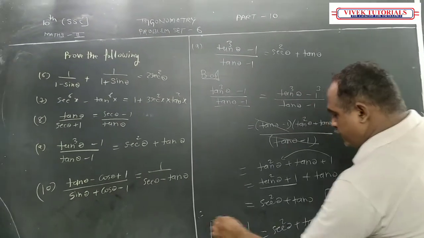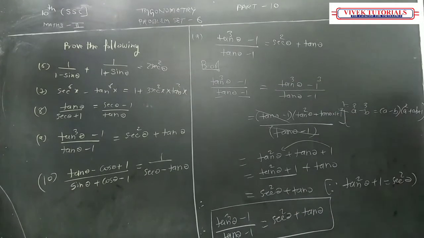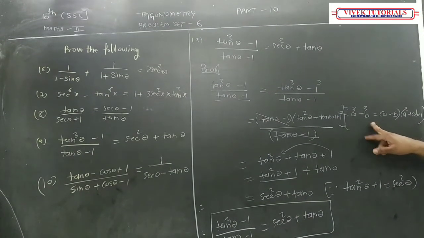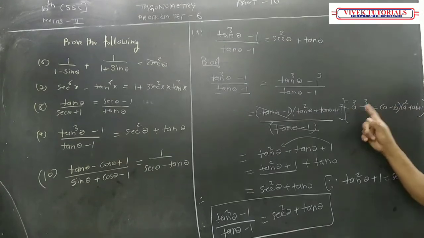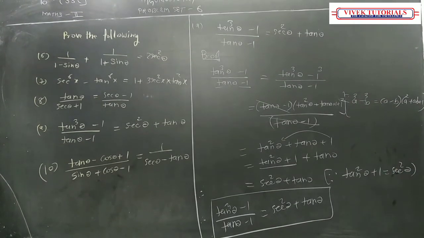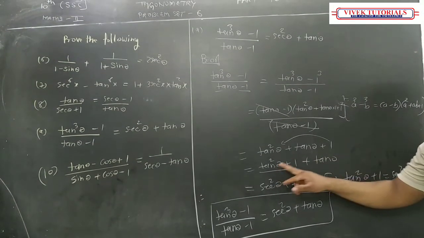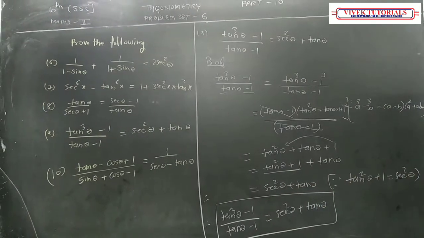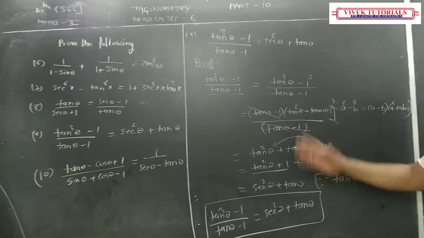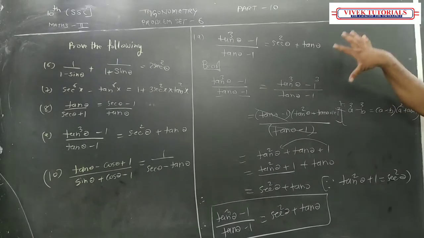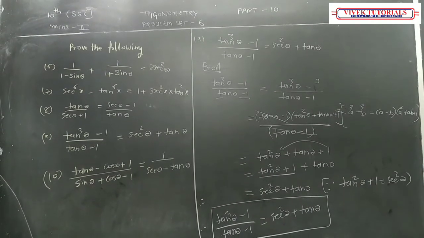So this is the proof they have asked you. This is a very important thing we did: we apply the formula of a cube minus b cube, and instead of tan square theta plus 1, we write sec square theta. If you know these two formulas, this question is very easy. Please pause the video and copy it down properly.